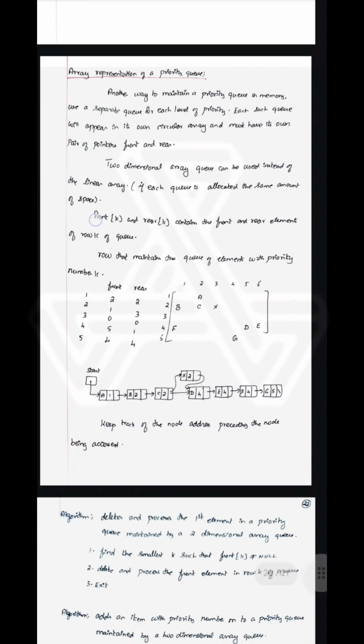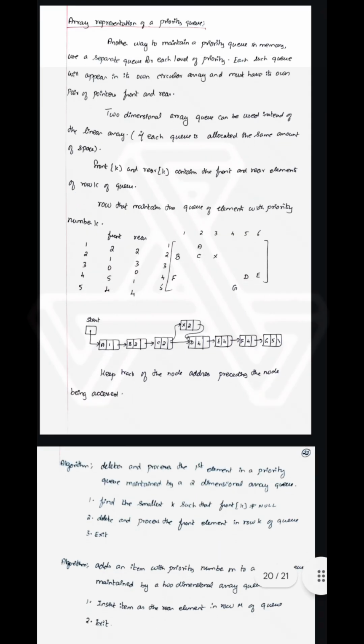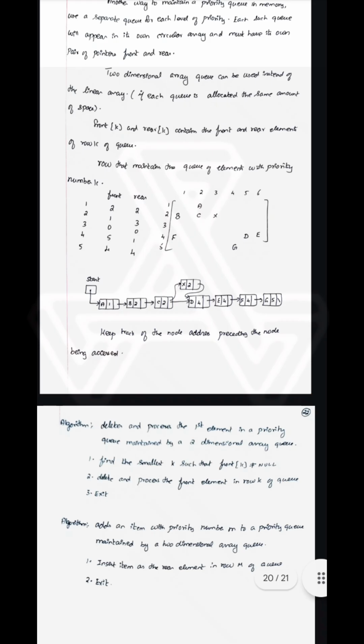Array representation of the priority queue. Another way to maintain a priority queue in memory is to use a separate queue for each level of priority. Each such queue will appear in its own circular array and must have its own pair of pointers, front and rear.